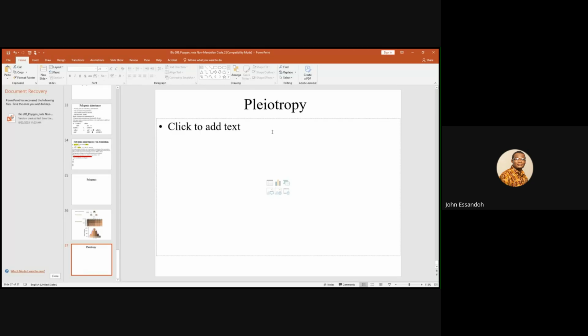Now, when you talk of pleiotropy, it's whereby, let's say this is just one gene, but it has several phenotypic outcomes. So this is one gene having several phenotypic outcomes.